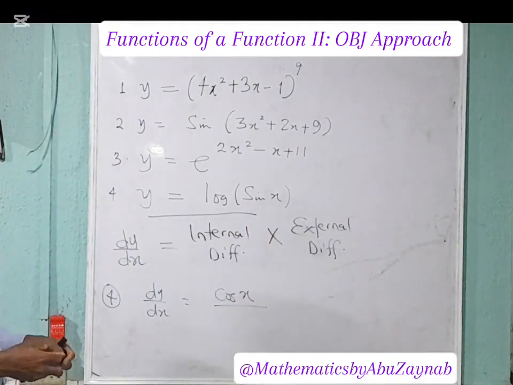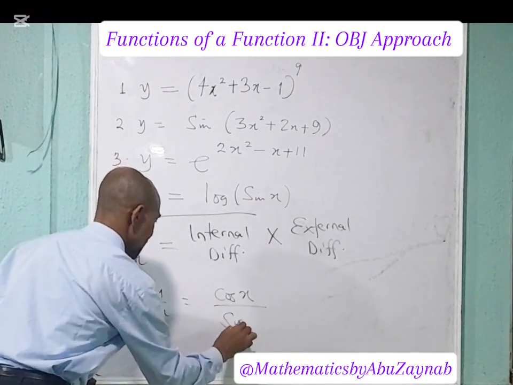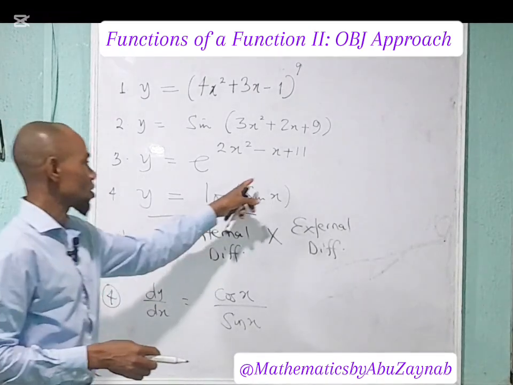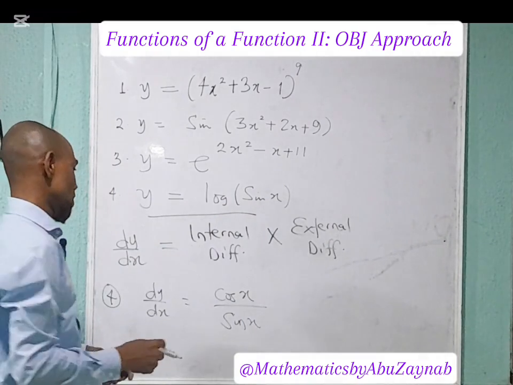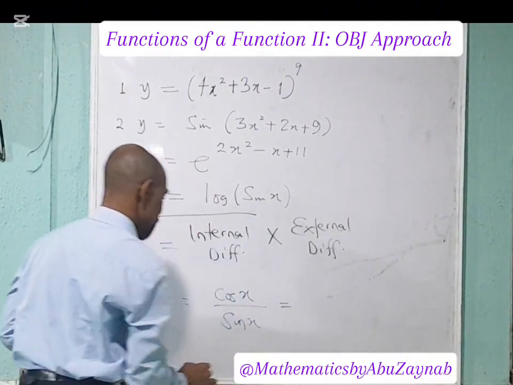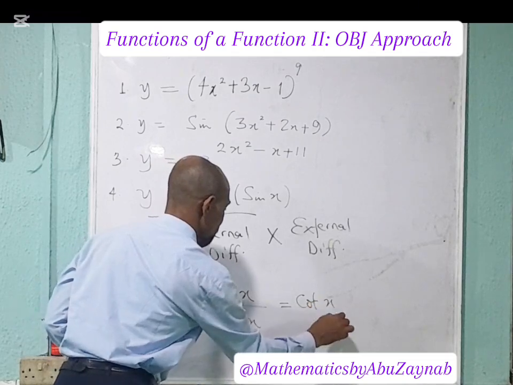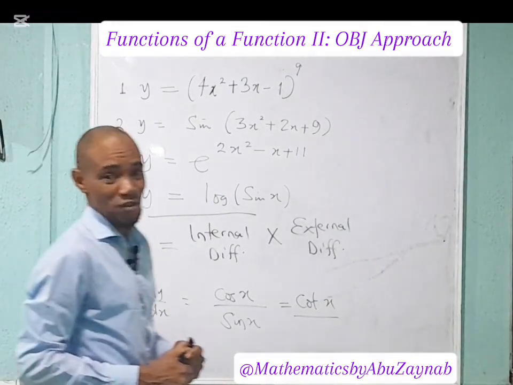That is how logarithmic plays out. So I have here sine x. The log does not feature again. Just differentiate the content and repeat the content as denominator. And of course, from our knowledge of trigonometry, cosine over sine is cotangent. So we have cot x. It's that simple.